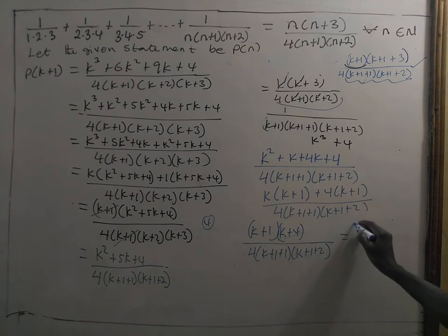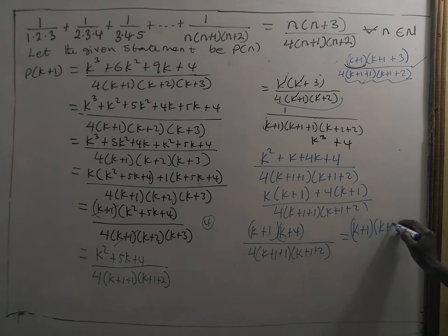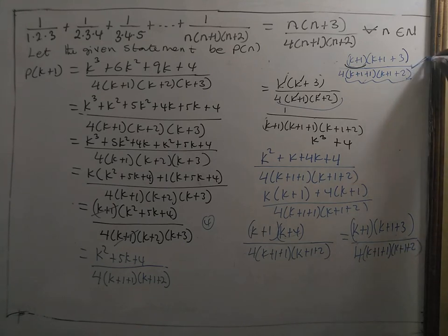And this gives k plus 1 times k plus 1 plus 3, all divided by 4 times k plus 1 plus 1 times k plus 1 plus 2, as we have here.